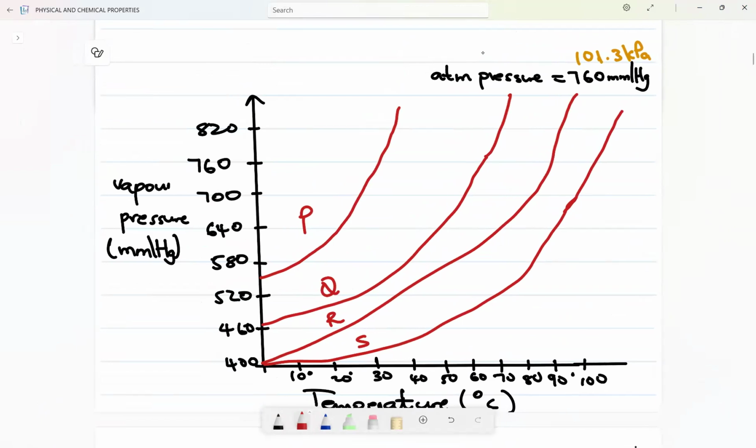Okay, what if I told you that what we are dealing with here are alkanes, straight chain alkanes? Okay, let me just say these are alkanes.